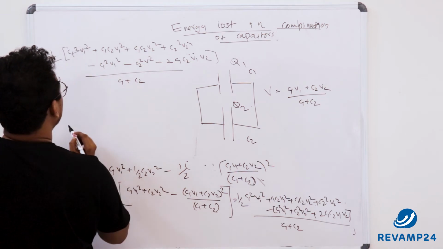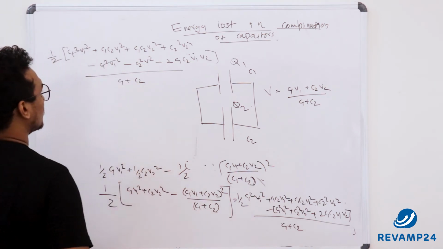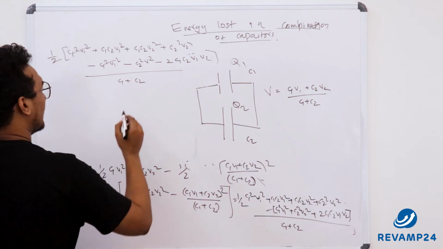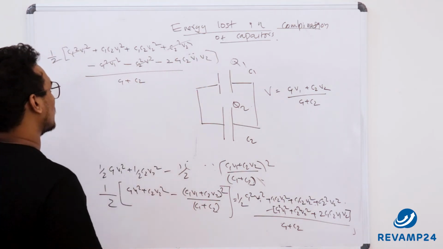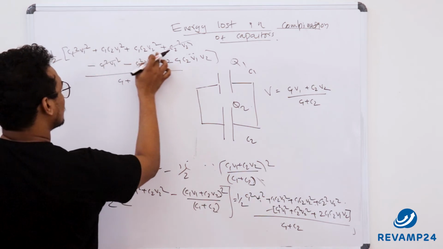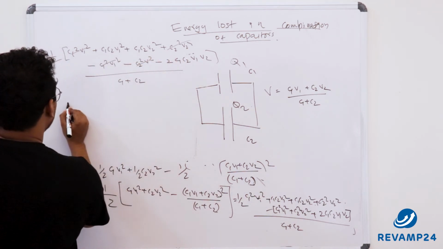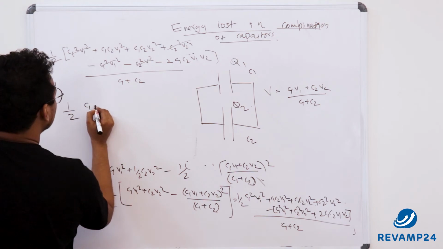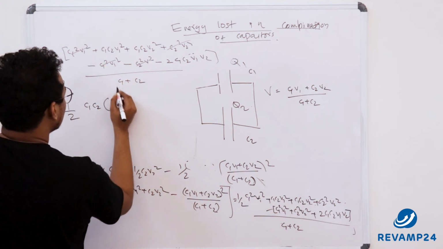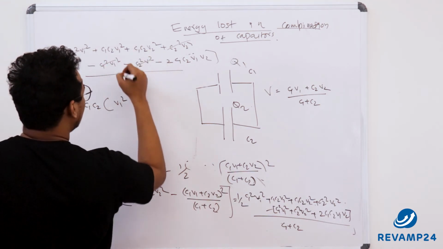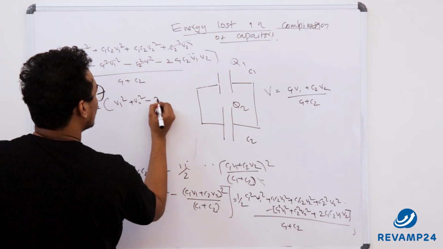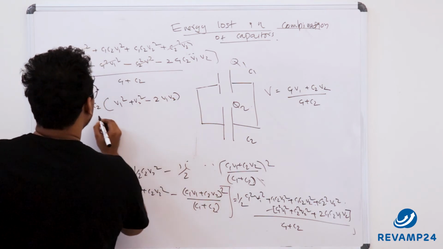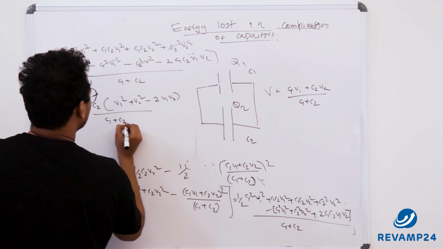So the C1 square V1 square and minus C1 square V1 square will cancel, and C2 square V2 square and minus C2 square V2 square will cancel, and from this we will take C1 C2 in common. So half C1 C2, from this I will have V1 square inside, from this I will have V2 square inside, and from this I will have minus 2 V1 V2 inside, divided by C1 plus C2.